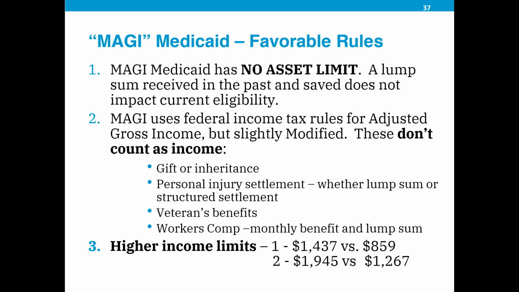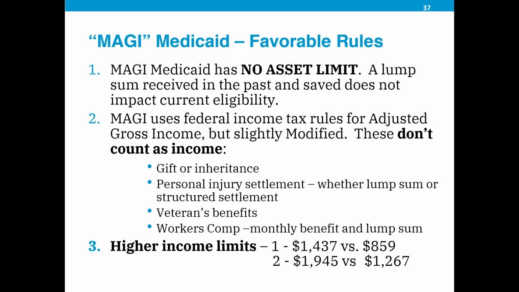So if they're 25 years old and not on Medicare, they can apply for MAGI Medicaid because that income isn't countable. Personal injury settlements follow the tax rules. They're generally not countable. Now, I am not an accountant or a tax lawyer, so this is in very broad strokes.